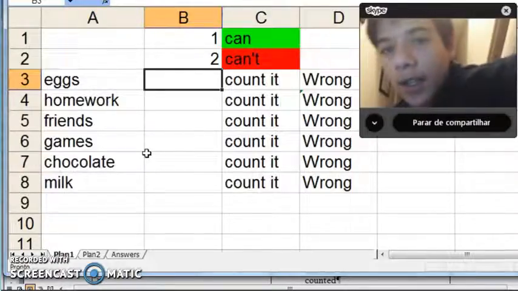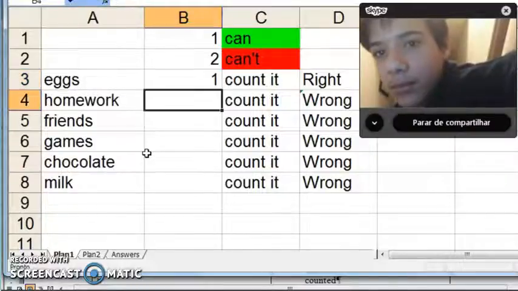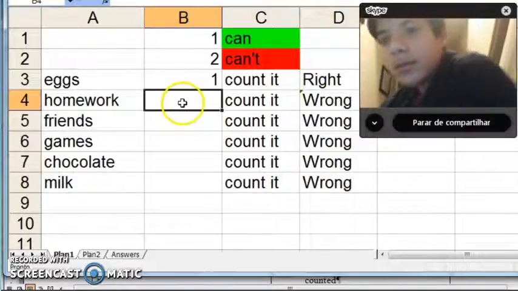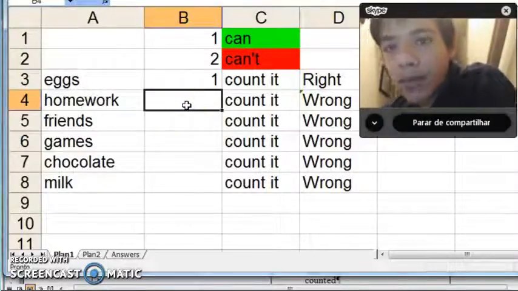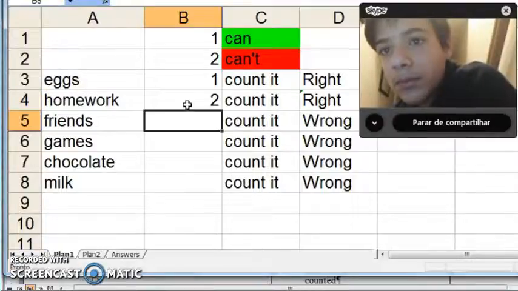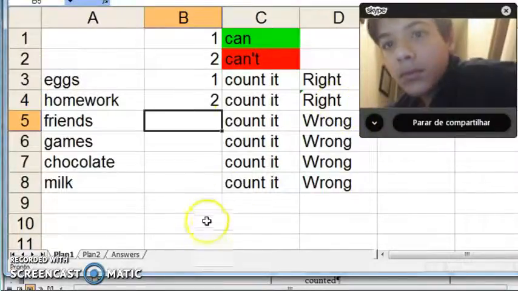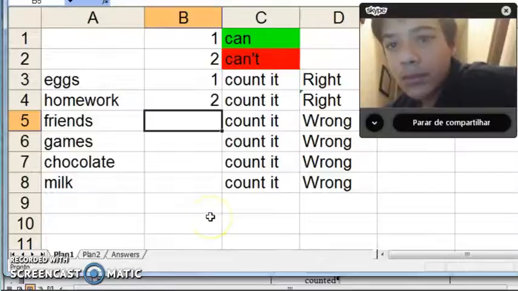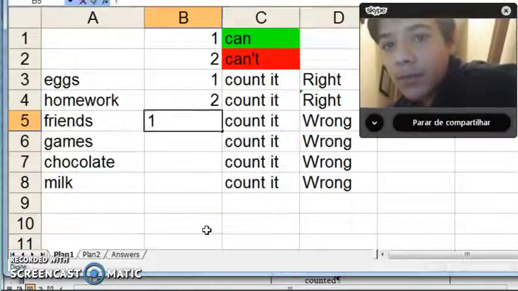Yes, you can count. So let's put number 1 there, and you can see the results here. So this is the right answer. So let's do homework. No, you cannot count. So put number 2 there. So he's right again. So what about friends? Yes, you can count. Okay, number 1.